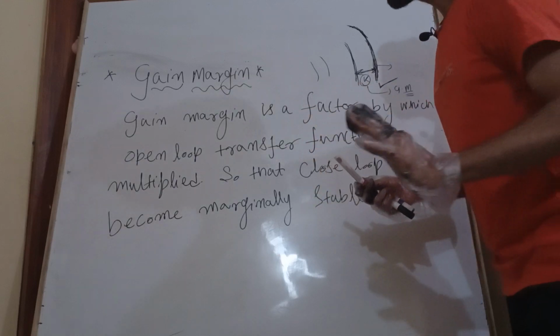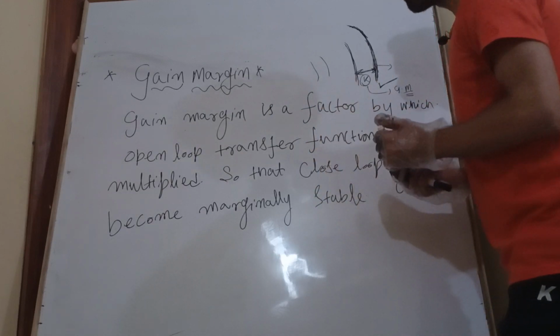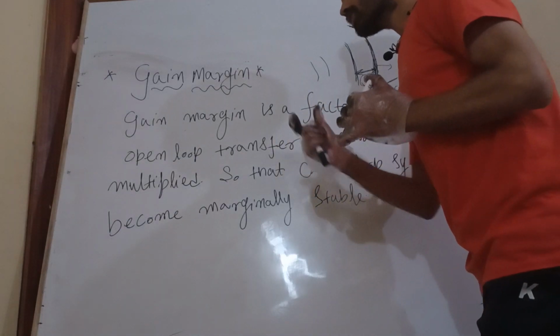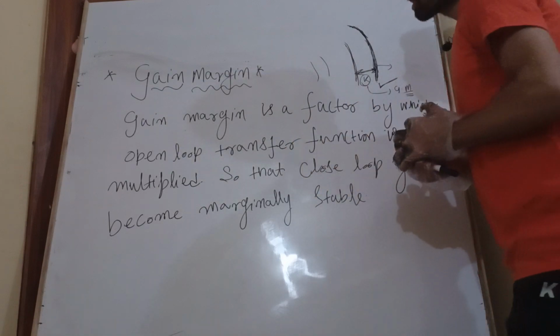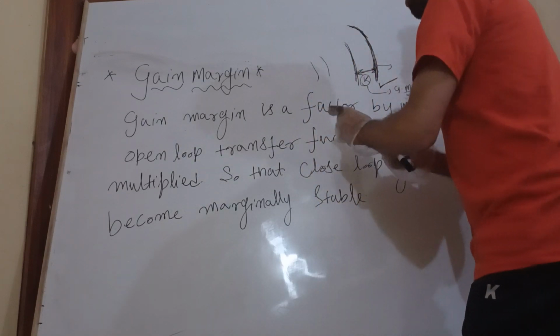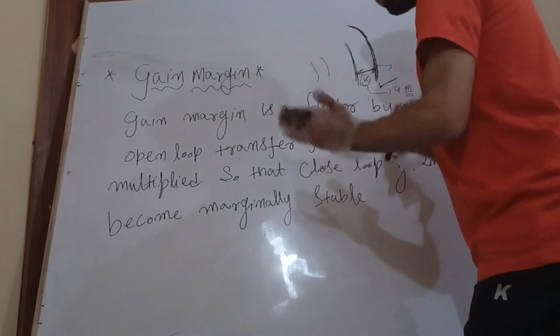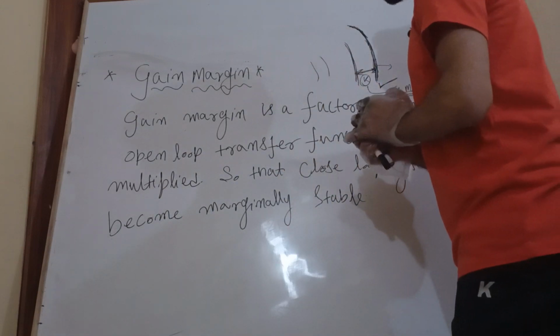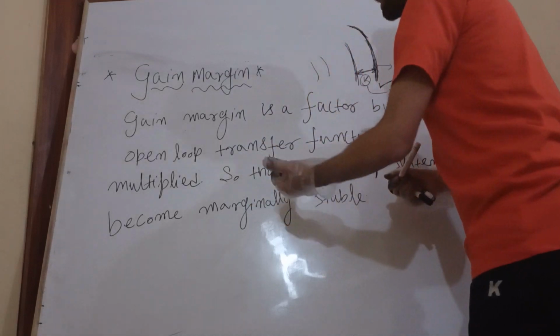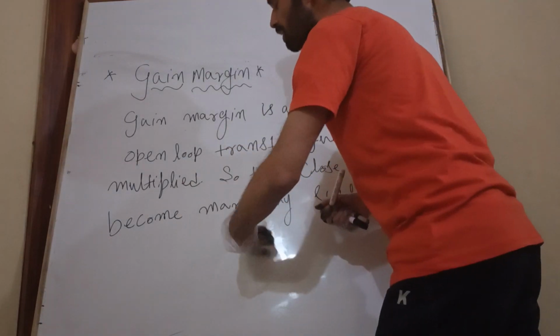Similarly, if you have one open loop system and you want to make it a closed loop system, then you want to see whether the closed loop system is stable or not.